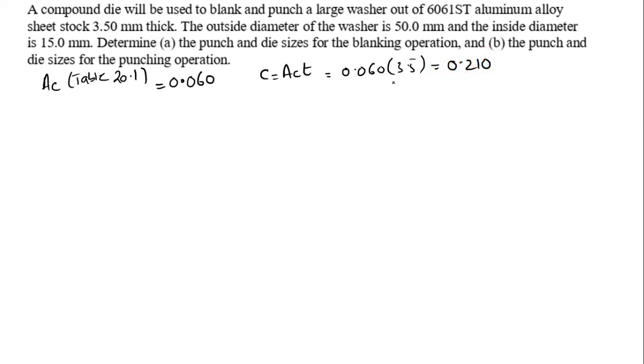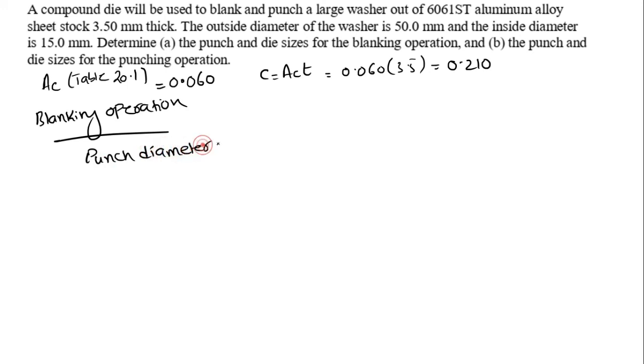That's the clearance. Now it says, determine the punch and die size for the blanking operation and the punching operation. For the blanking operation, the punch diameter would be equal to Db minus 2c.